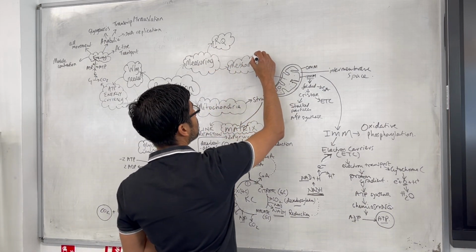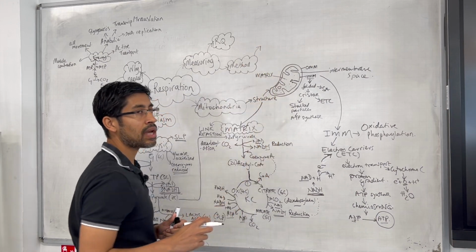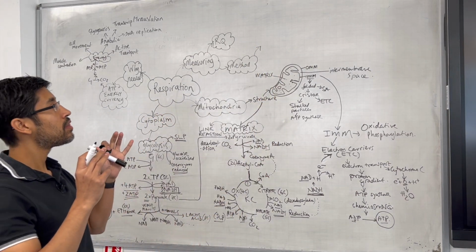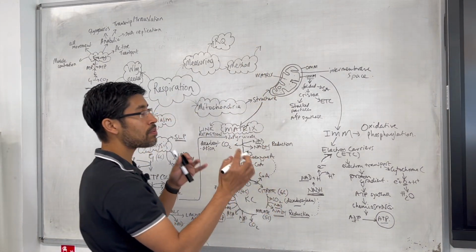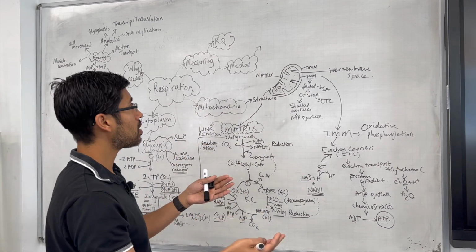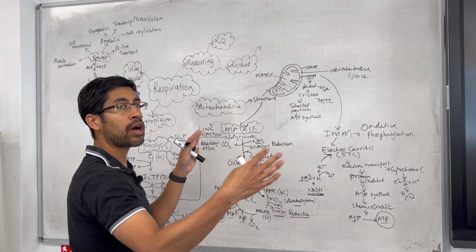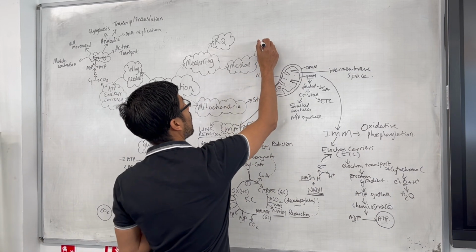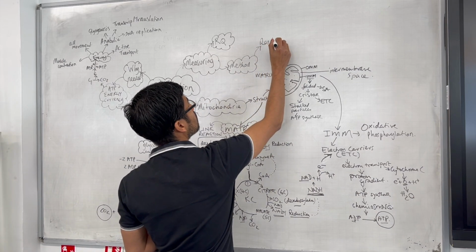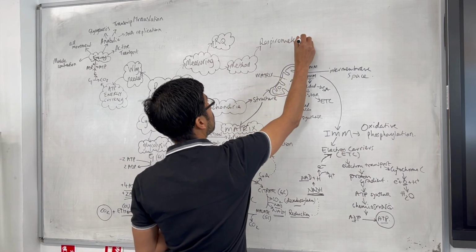Now, there are a number of ways that respiration can be measured. There's one main way which demonstrates the whole principle very well, and I think all the other ways are connected to this, and that is the respirometer.